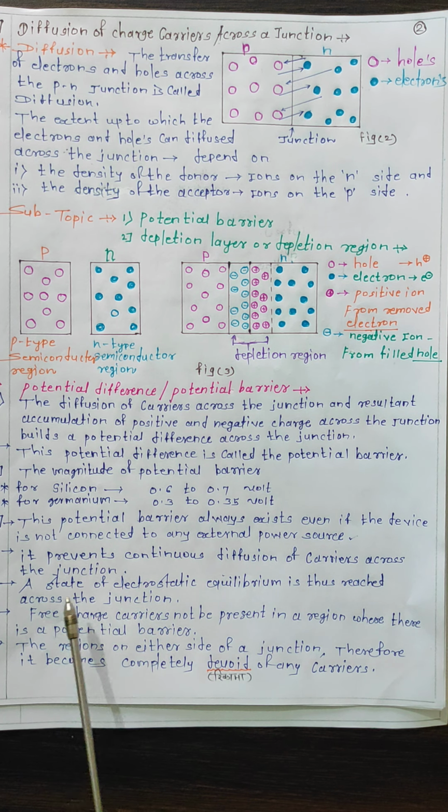Next, it prevents the continuous diffusion of carriers across the junction. Then a state of electrostatic equilibrium is reached across the junction. Free charge carriers are not present in the region where there is a potential barrier.